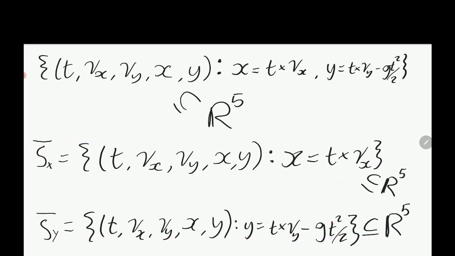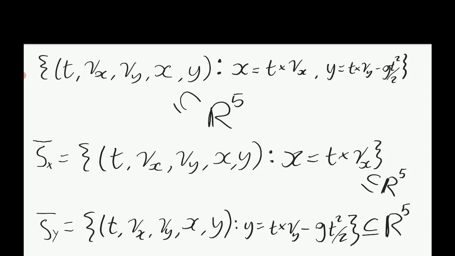And so if we take the intersection of these two sets, as in if we take the set of five tuples such that they're in this set and in this set, the places where these two hypersurfaces cross, then we get this hypersurface here, the collection of t, vx and vy and x and y, such that x is equal to t times vx and y is equal to t times vy, take away gt squared over 2.